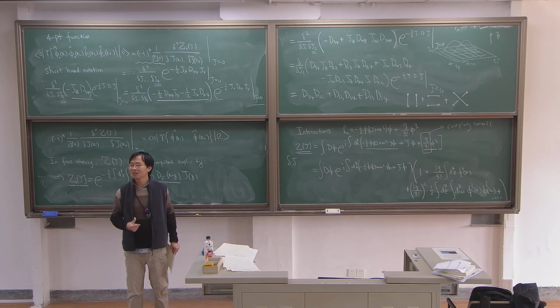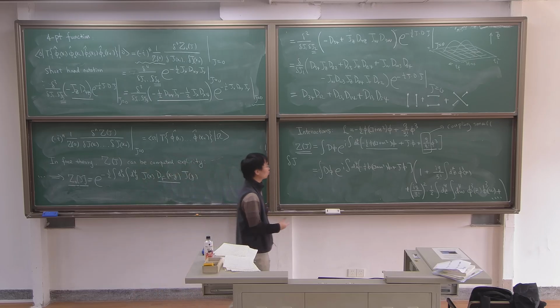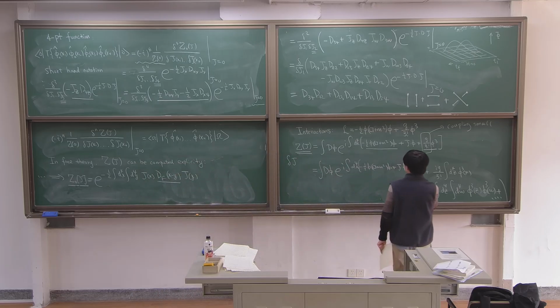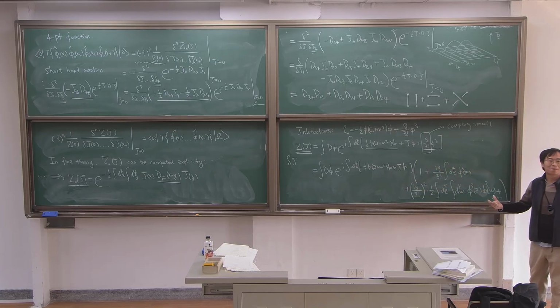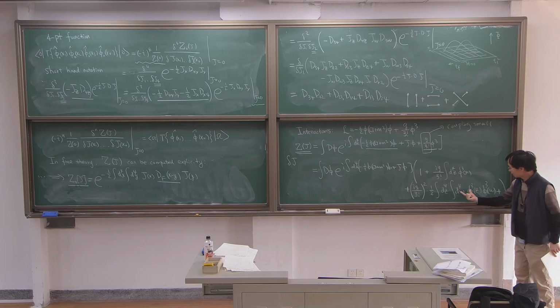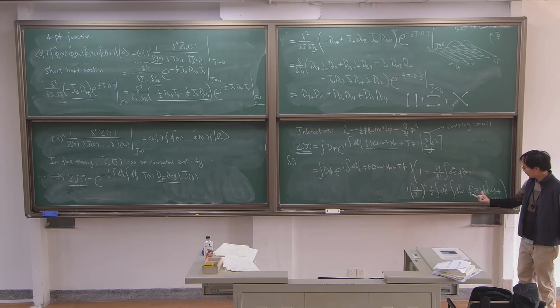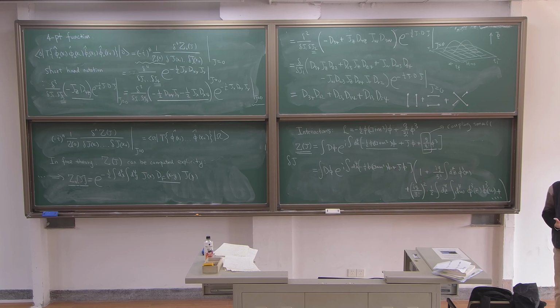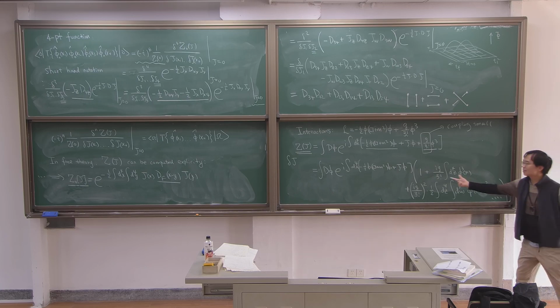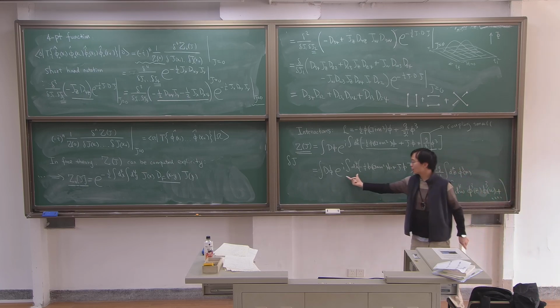But conceptually, this means that if we want to calculate the correlation function for the interacting theory, for example the 2-point function, then the problem evolves into calculating higher point functions. Some lower point function in the interacting theory becomes a higher point function in the free theory, because after this expansion the theory becomes free.